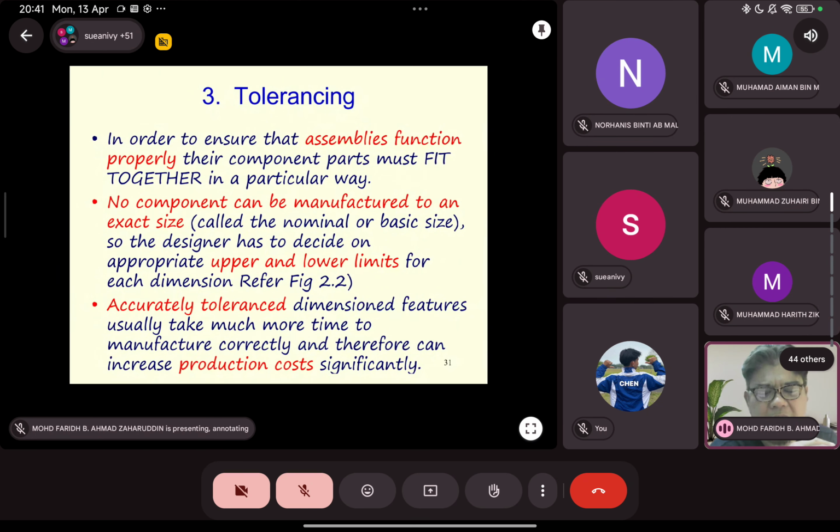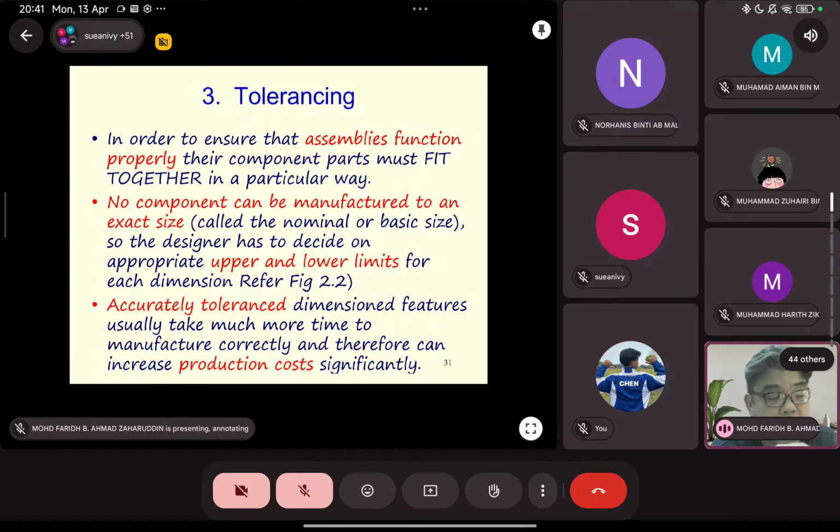So what is the tolerance? The tolerance is 0.200. Anis, do you understand or not? Okay, so there will be an upper and a lower limit.